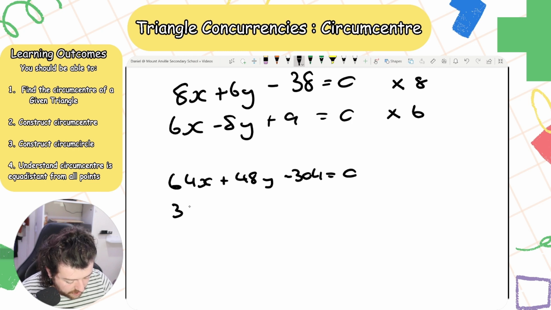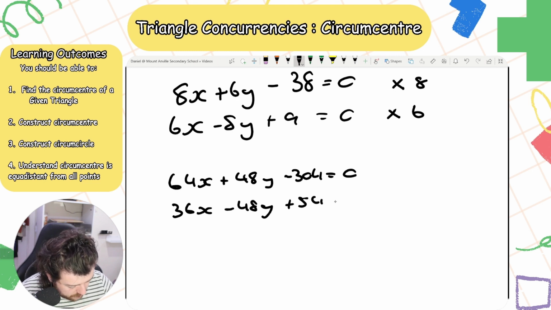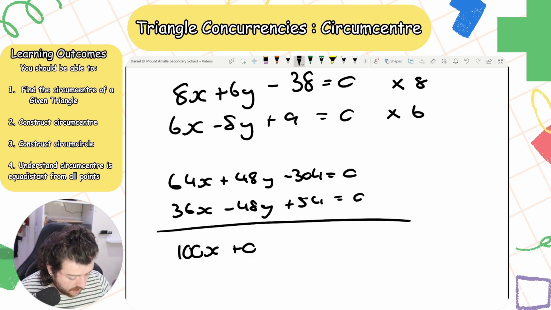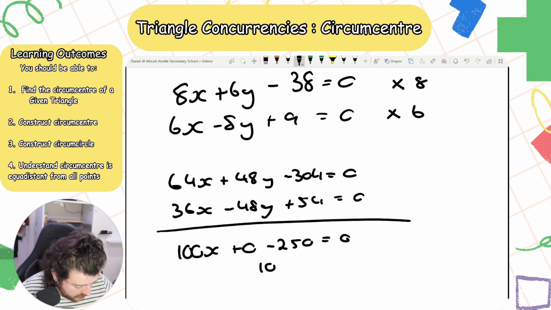Bottom here, 36x minus 48y plus 54 equals 0. Add these up. So 64 plus 36 is equal to 100. So 100x plus 0, and then minus 304 plus 54 is minus 250 equals 0.